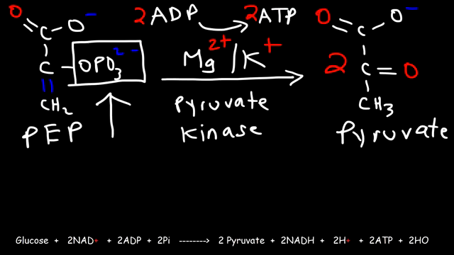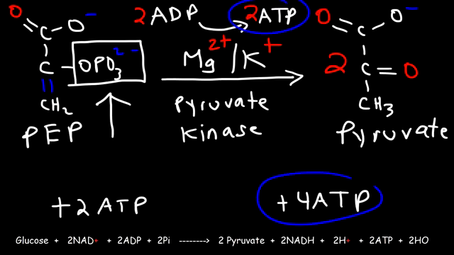In the investment phase, we had to use up 2 ATP molecules. In the payoff phase, we gain 4 ATP molecules. So this is the other half of the 4 ATP molecules that we've generated in the payoff phase. So if you want to find out where we consumed them in the investment phase, this is found in steps 1 and 3.